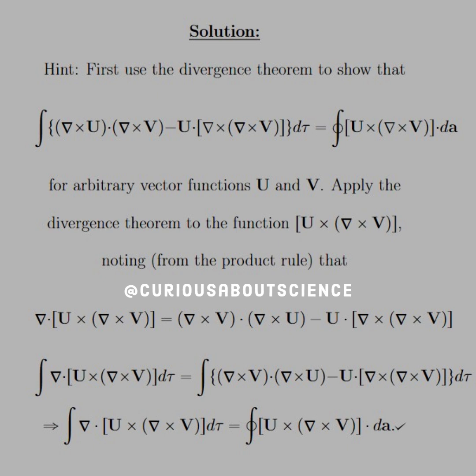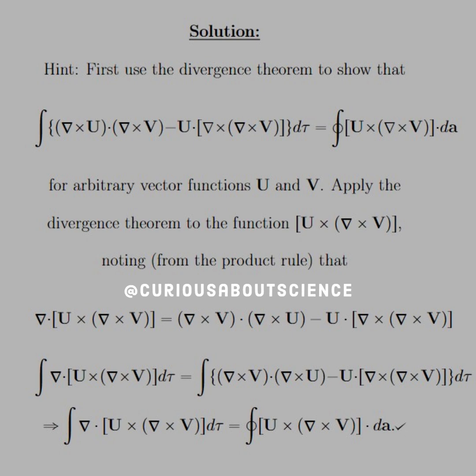And if you note, this is kind of how we set up the magnetic field cross magnetic field, given that v is something like A. But nonetheless, apply the divergence to this product, and we get this nasty product expansion. So we can substitute this into the integrals, and we can see that we do indeed get the expression that was given in the hint from the divergence theorem, which relates the volume to the surface area.